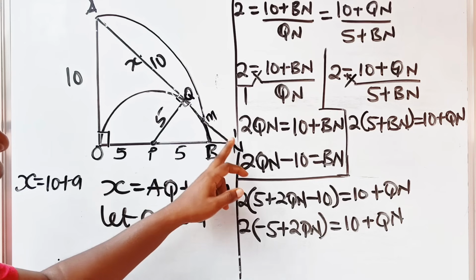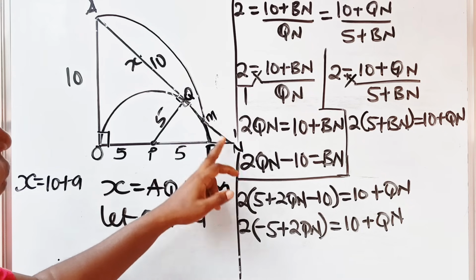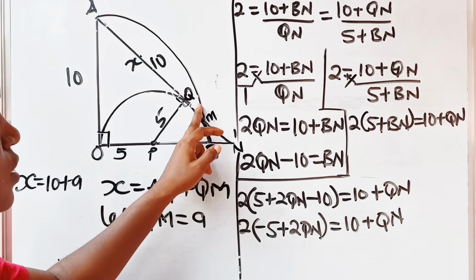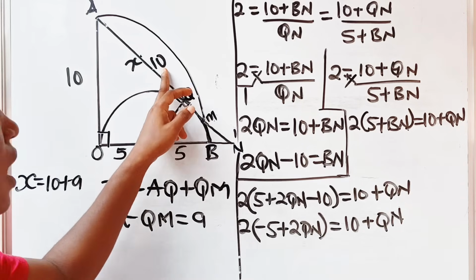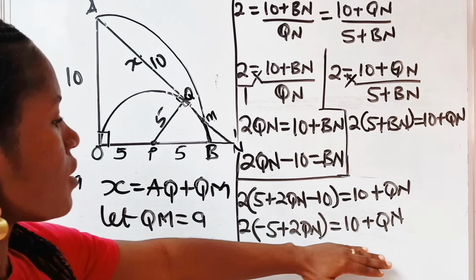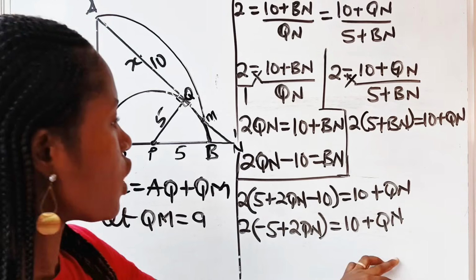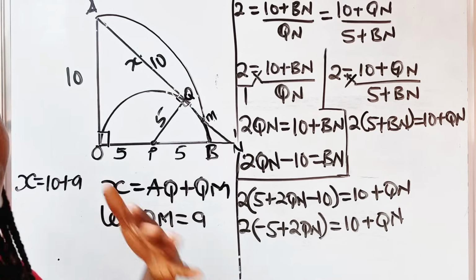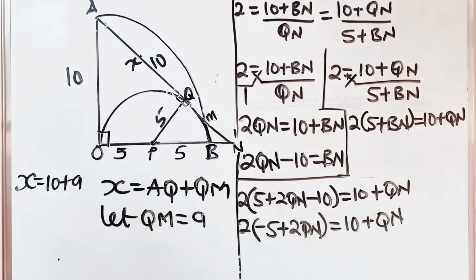So if I can get MN and get QN, I'll subtract MN from QN to get what I'm looking for, and then I'll add it to 10 to get my line. So from here I'll be able to get my QN, then use it to get my MN, then subtract to get my QM. Hope you now understand what I'm trying to do.